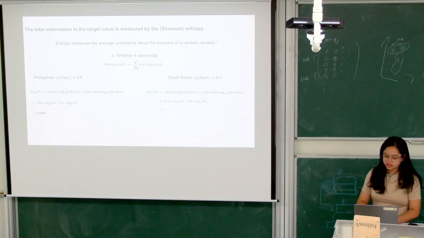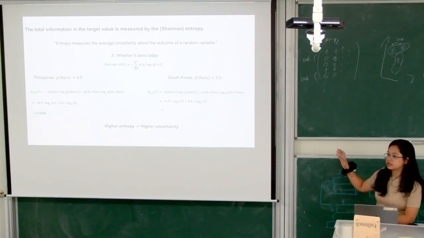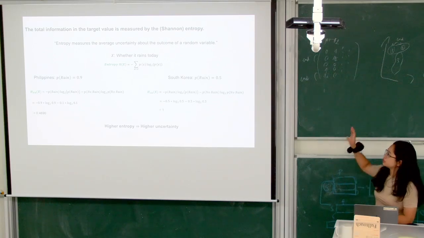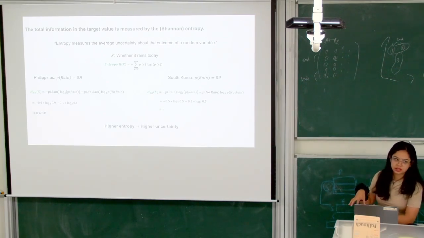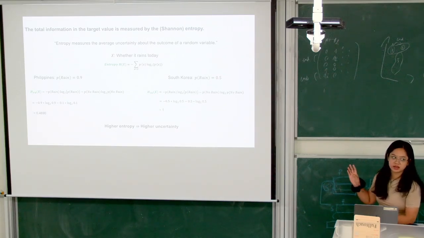Entropy here means that if the value is higher, then the uncertainty is also higher. So actually, even without looking at this formula, we can say that since the probability of rain in Korea is lower, the uncertainty is higher.